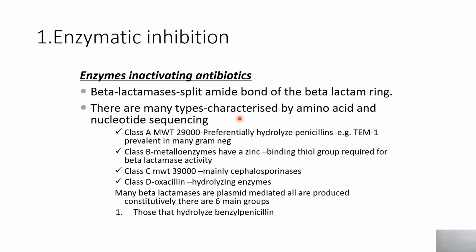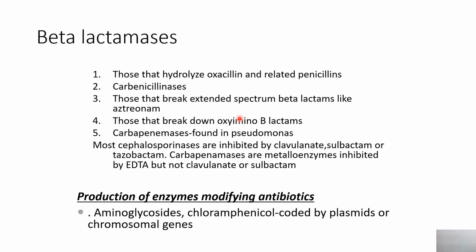Many beta lactamases are plasmid mediated, and all are produced constitutively. There are six main groups: those that hydrolyze benzyl penicillin, those that hydrolyze oxacillin and related penicillins, carbenicillinases, those that break extended spectrum beta lactams like aztreonam, and those that can break down oxyimino beta lactams.